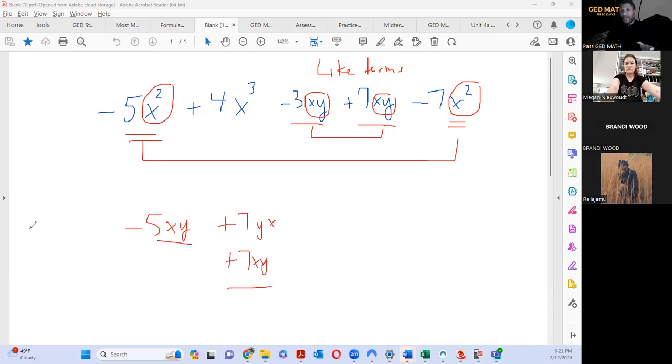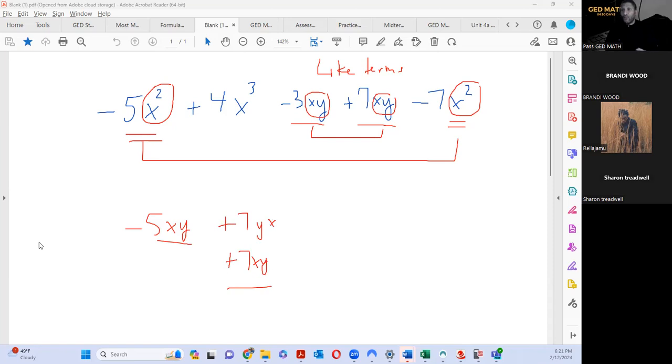So I just wanted to explain that to you fairly quickly before I look at this example above. So remember, identifying like terms goes by the variables. It doesn't matter about the exponent, like how we got negative 5x squared and negative 7x second power. They still are like terms because of the variable.